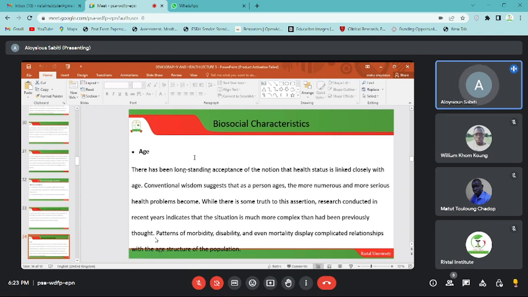While there is some truth to this assertion, research conducted in recent years indicates that the situation is much more complex than had been previously thought. Patterns of morbidity, disability, and even mortality display a complicated relationship with age structure.